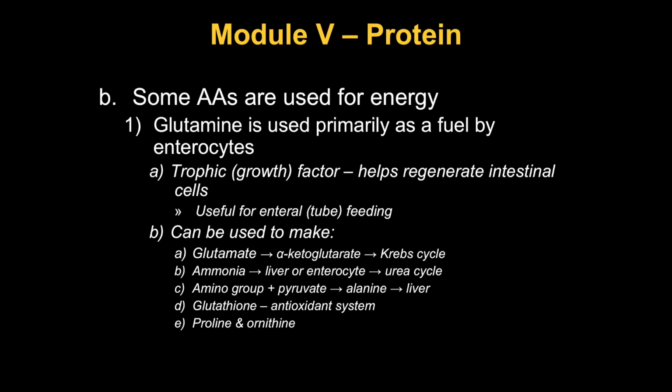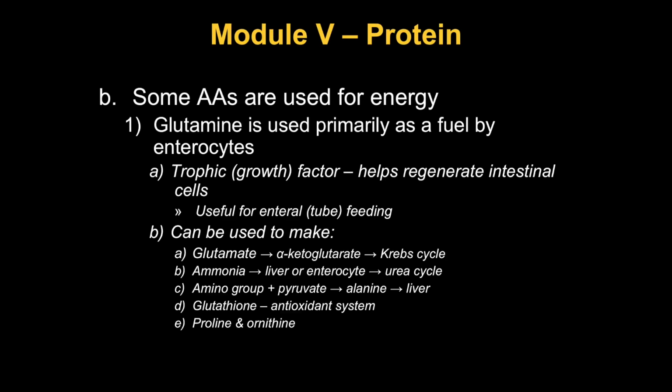So glutamine can be used to make several different compounds, as you see listed here. It could be used to make glutamate, which can be converted into alpha-ketoglutarate and then utilized in the Krebs cycle for oxidative metabolism to produce ATP. We can also use glutamine to strip off the ammonia group and then send that off to the liver, or keep it within the enterocyte and make other amino acids out of it, and then ship it off to the urea cycle.